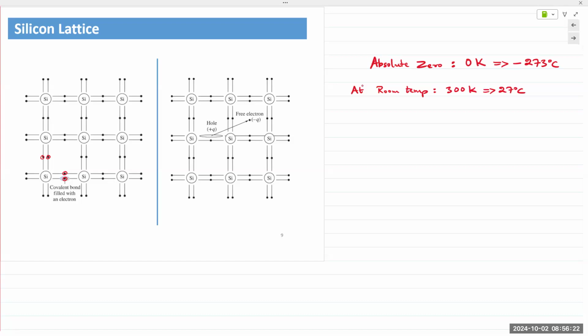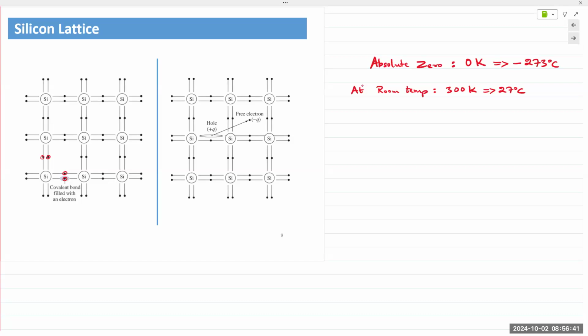So there's plenty of electrons that have acquired enough thermal energy to break free from the covalent bonds. They're now in the conduction band, so they're free to conduct. They're free to move around the crystal lattice. Not as much as a conductor, but enough to be called a semiconductor.